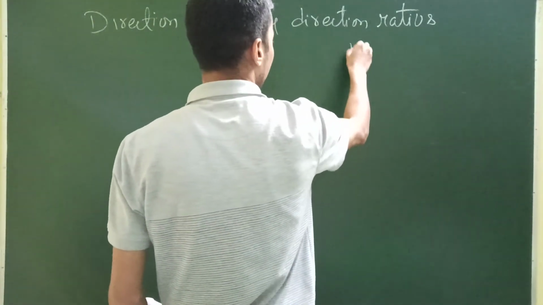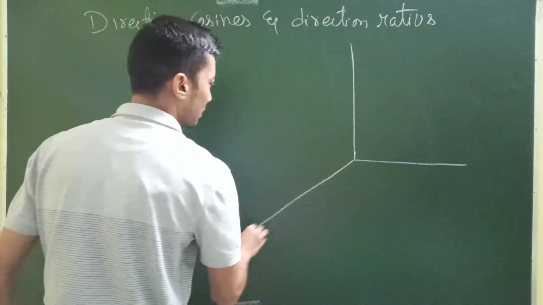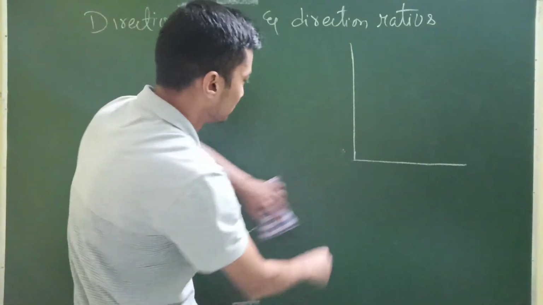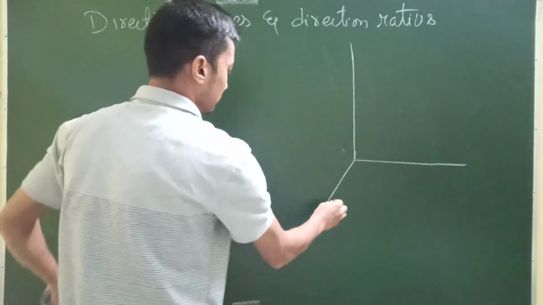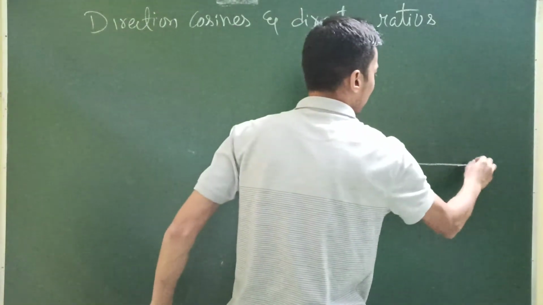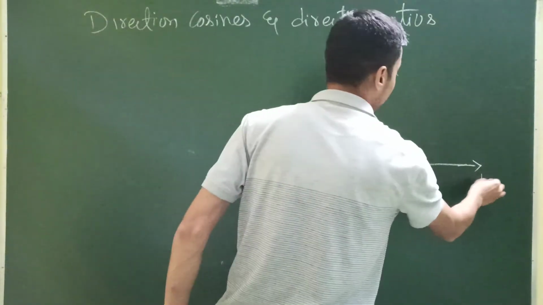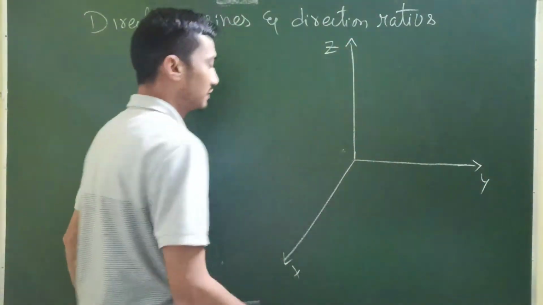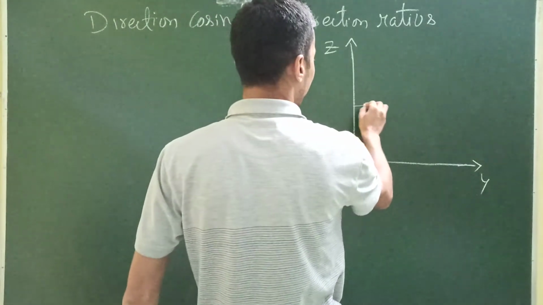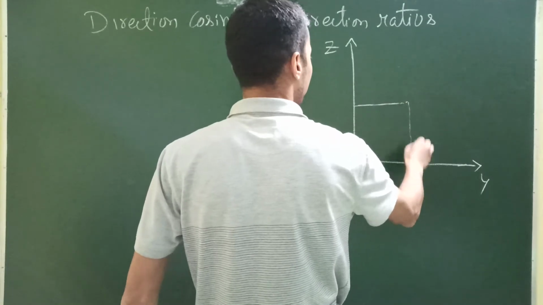Let's say this is my x-axis, this is my y-axis. You can name it in your own ways, x, y and z, no hard and fast rule. So let's draw another point in space. Let's say this point.